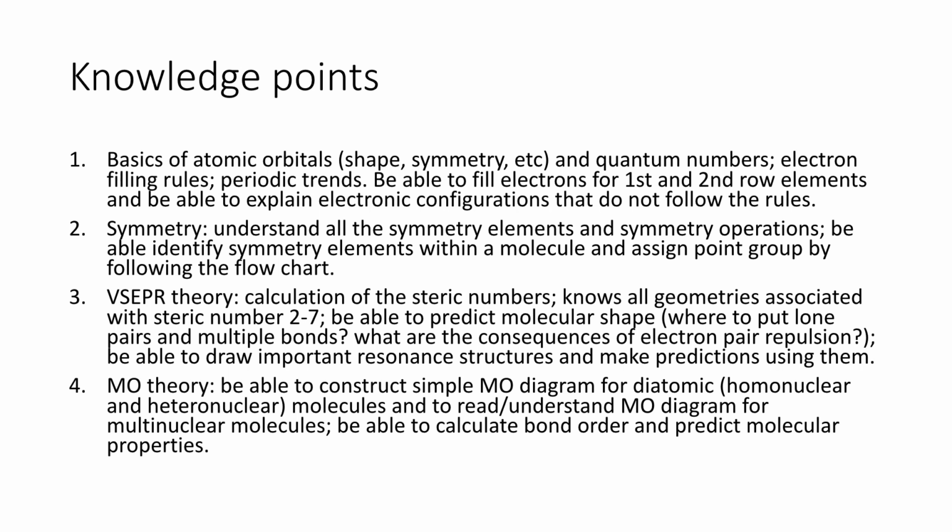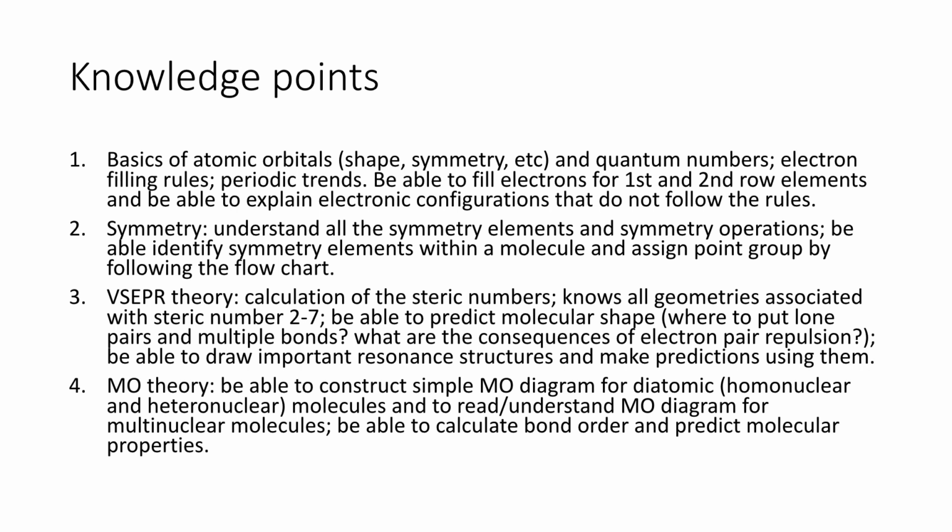All right, in the third part, we discussed VSEPR theory. Here, the expectations are you can calculate the steric numbers by correctly counting the number of valence shell electrons and identify the number of ligand atoms and the nature of the bond between the central atom and the ligand atoms, whether it's a single bond or double bond, so on and so forth.